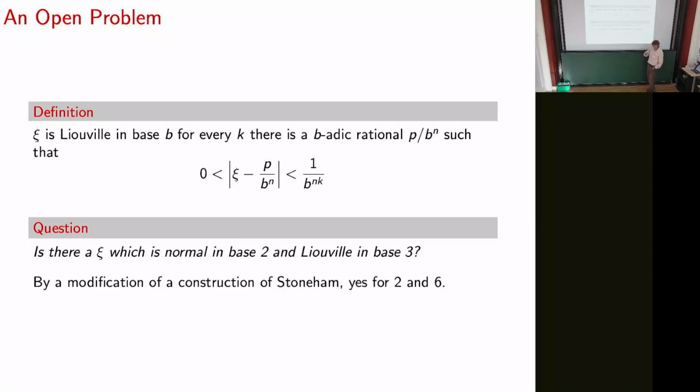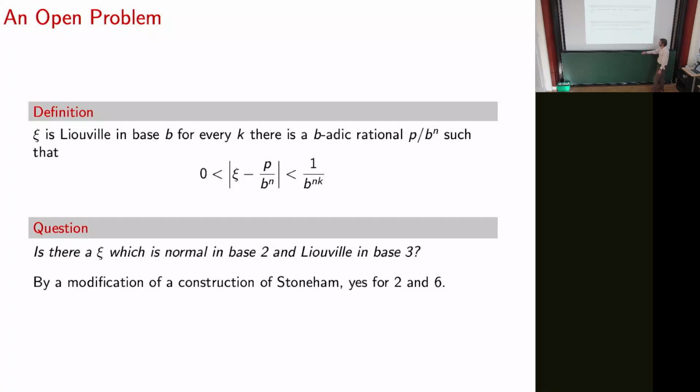So now you could restrict yourself: instead of looking at arbitrary rationals, let's look at b-adic rationals. The base is a fixed number. So Liouville in base b means you only get to use b-adic rationals.